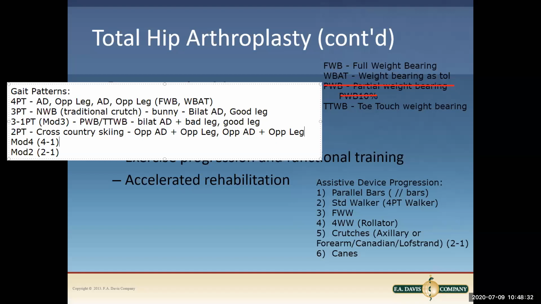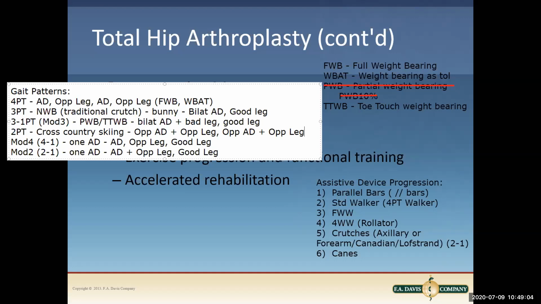So remember, with either of these, you're down to 1 AD. With mod 4, it's going to go AD, opposite leg, good leg. So let's go through the mod 4.